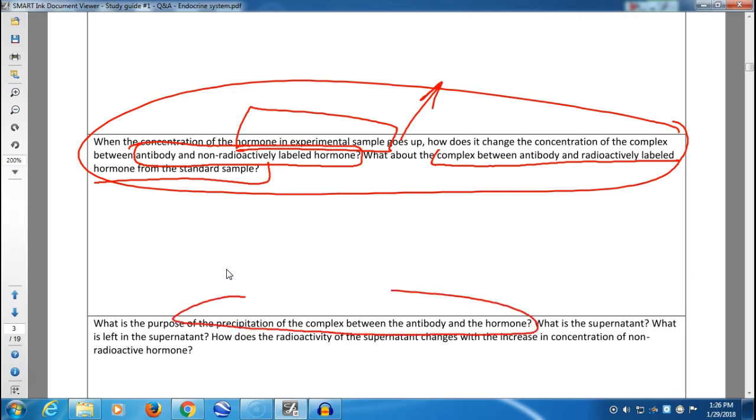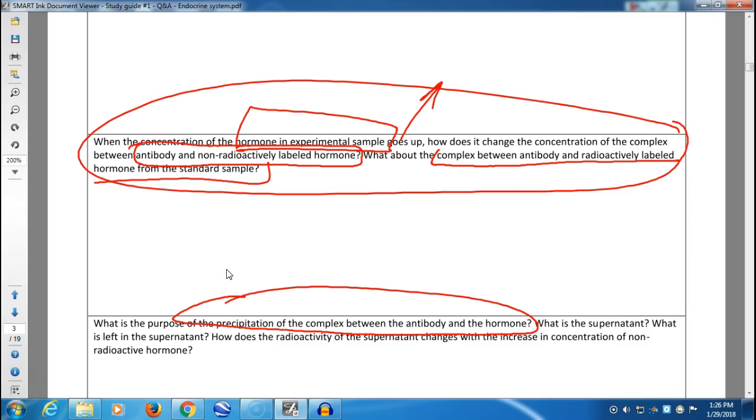Precipitation, what's the purpose of the precipitation? To measure how much complex we have between the antibody and hormone, so we can tell, okay, we have so much radioactivity, which means so much radioactivity was lost, so we have so much non-radioactive experimental hormone. Supernatant is what's above the precipitate. What's left in the supernatant?